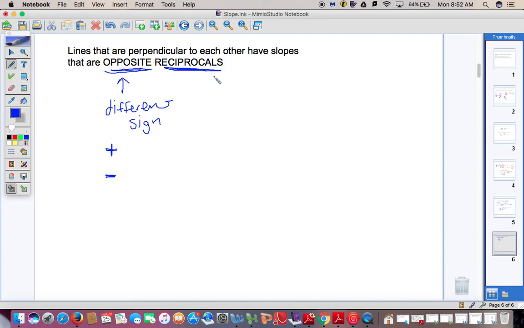Now, a reciprocal is not a new word to you, and we use it when we're talking about fractions. The reciprocal of 2/3 would be 3/2, and the reciprocal of 4/5 would be 5/4. It's where your numerator and denominator are switching places.